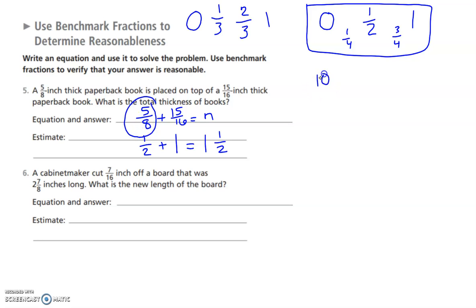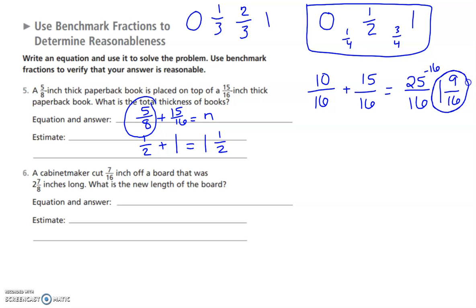So that means that this will become 10/16 plus 15/16, because now my denominators are the same and I can just simply add across. 10 plus 15 is 25. I'm going to not leave this as an improper fraction. You guys know better than that. 16 goes into 25 one time. Going to get rid of that 16, and that would leave me with 9/16. And 1 9/16 is definitely close to 1.5.